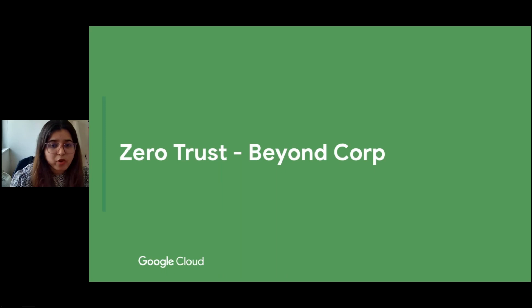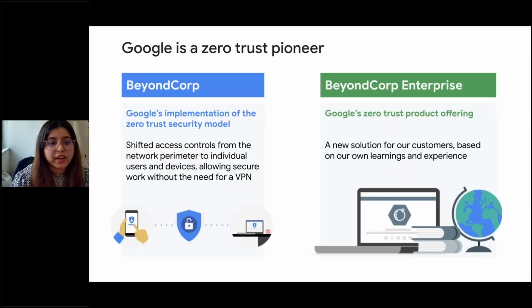With many employees being out of office and working remotely, Google has made its own infrastructure available to our customers, which is nothing but BeyondCorp. Google has a history with zero trust stemming from our work over the past decade with BeyondCorp, and if not the biggest implementation, we have done it across all our 100K plus employees at Google.